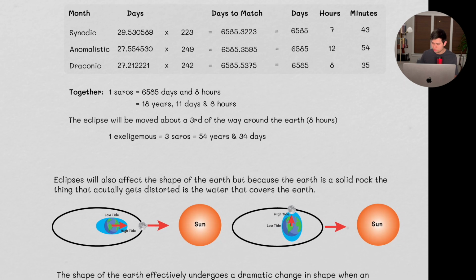So 1 saros is the amount of time it takes for all of these different months to match with one another. What this basically says is that in 6,585 days, the synodic month will be complete, the anomalistic month will have completed, and the draconic month will have completed at the end of each one of these time frames.